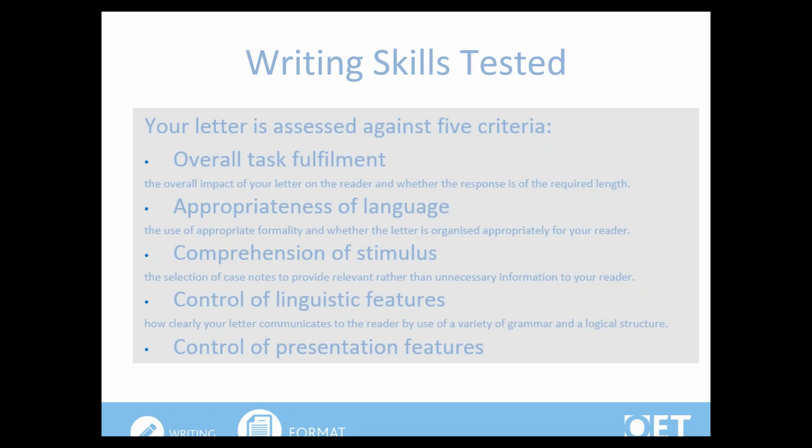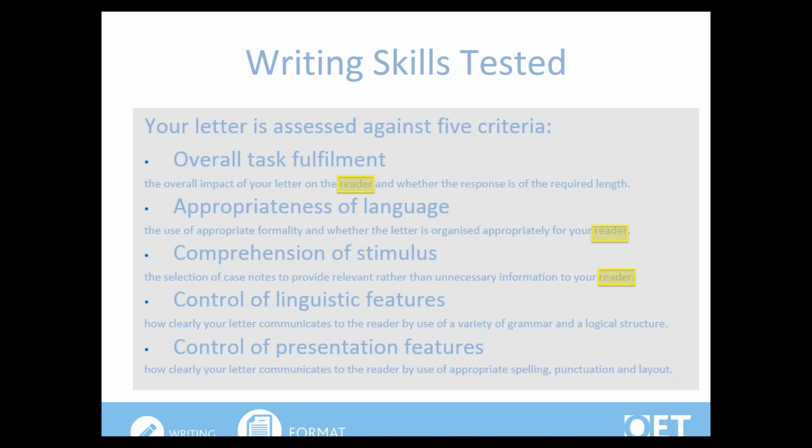Control of presentation features is how clearly your letter communicates to the reader by use of appropriate spelling, punctuation, and layout. As you can see, each statement focuses on the reader, and the masterclass will return to this in the Prepare section.